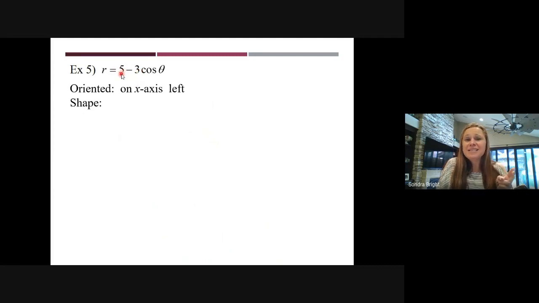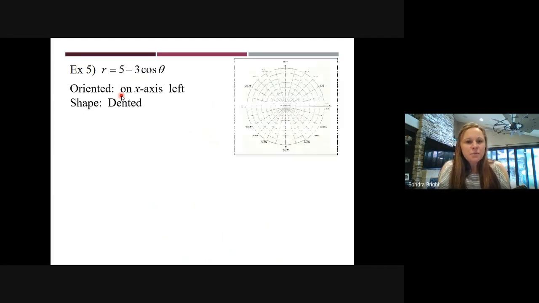Is 5 twice as big as 3? No. 6 would be. If this was a 6, then you'd have the flattened out one, but because 5 is not twice as big, it's just the dented limaçon. This one doesn't actually have a point on the pole. The convex and dented ones don't actually go through the origin or pole.